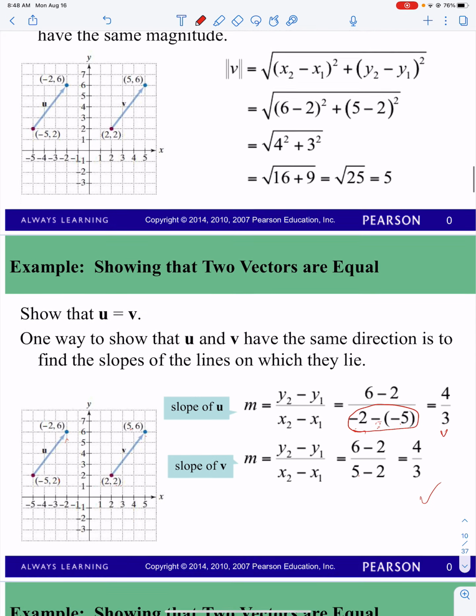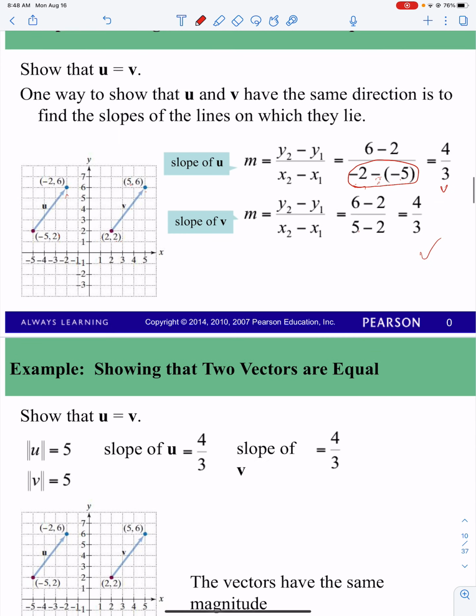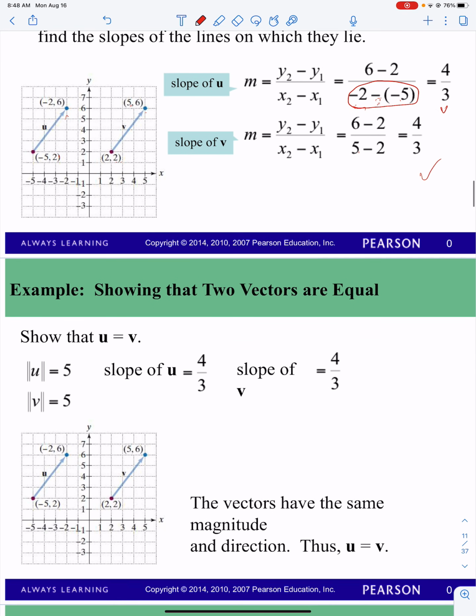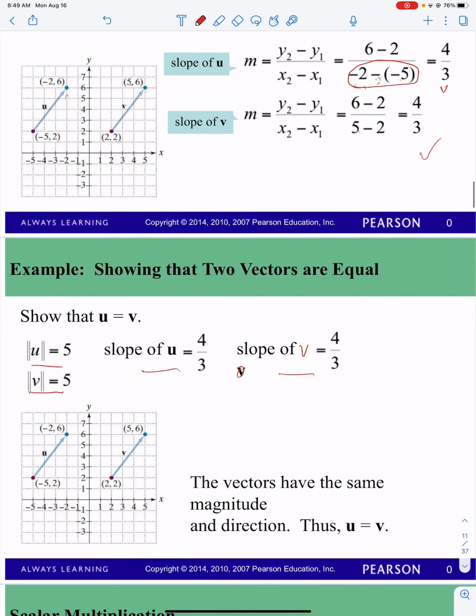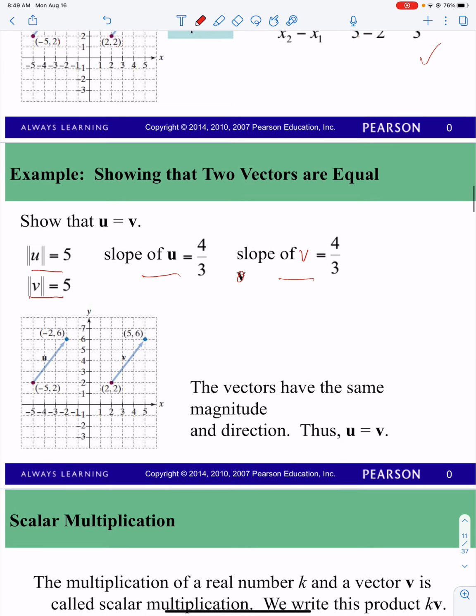Perfect. And then you can make a conclusion. They have the same magnitude and the same slope. What does this mean? These two vectors are the same, they are equal.